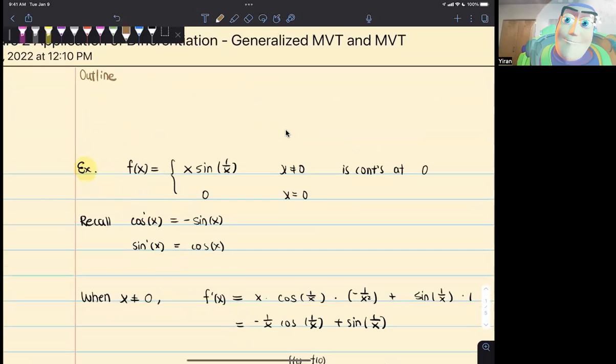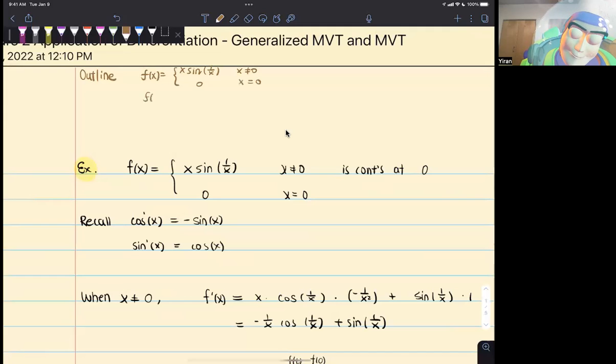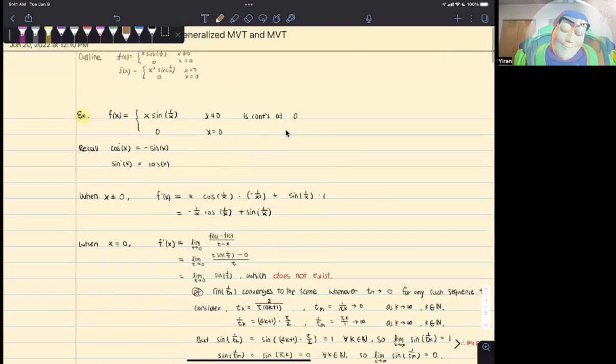We firstly showed 2 examples: x sine 1 over x for x not equal to 0, and 0 for x equal to 0. And another example we saw is x squared sine 1 over x squared, and 0 for x equal to 0.